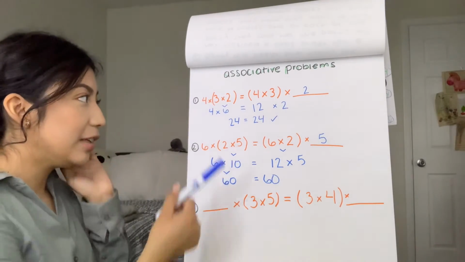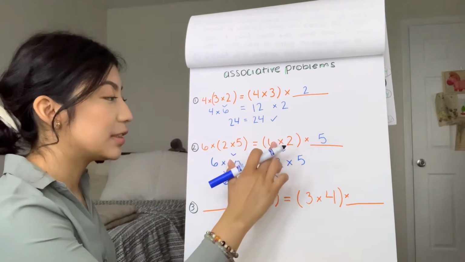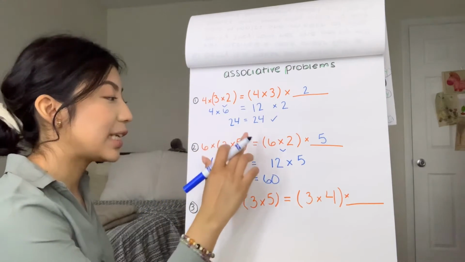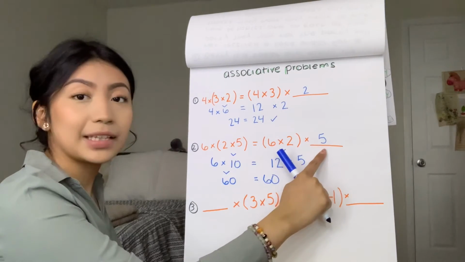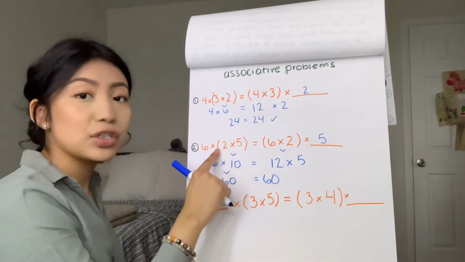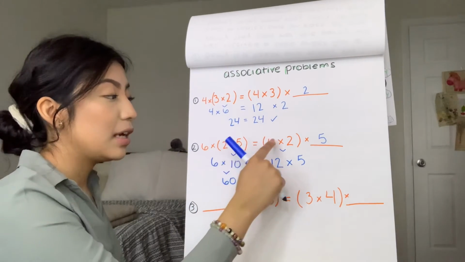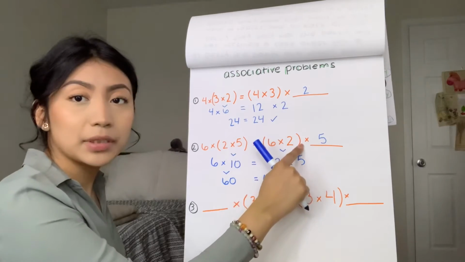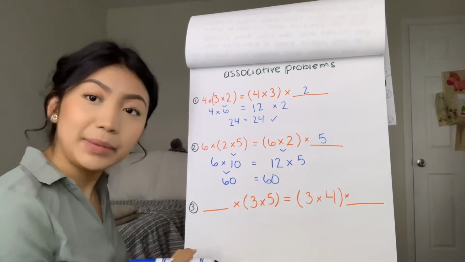And you see, it's the same as this one. We have our 6 first, and the 2 second, and the 5 last. But we changed where our parentheses were, right? So we put them in the last 2 numbers here. And on this side, we put them on the first 2 numbers. But it didn't matter because we still got the same answer.